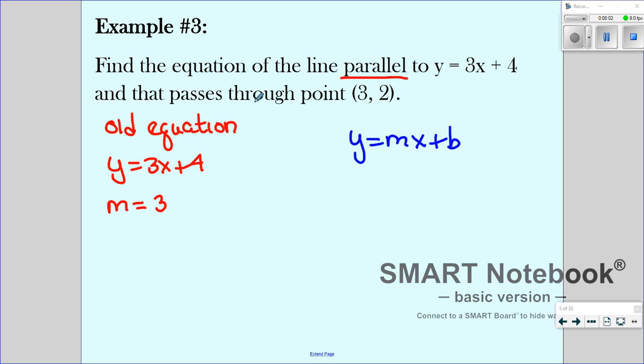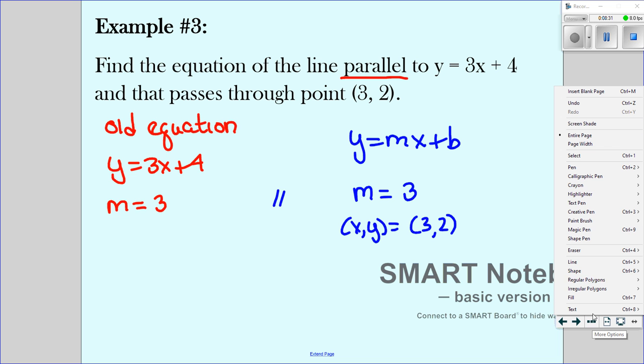They're telling me that the new line is parallel, so the slope has to be the same. But now it passes through this point, (3, 2). So we have our point, x y, which is (3, 2). Remember when we did an example in our previous lesson where we deal with a point and a slope? We're going to follow that step.